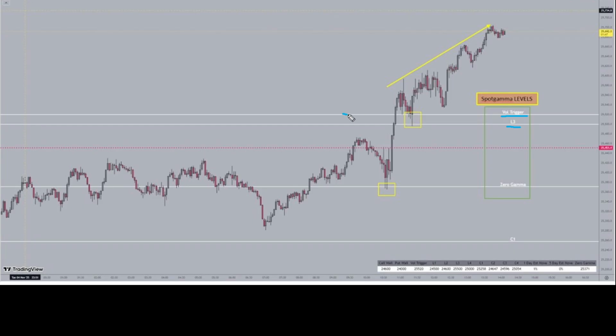When price crosses this level and this level, the market makers and dealers sell futures or options when price goes higher and buy when price goes down. For that reason, the volatility decreases here. But when price is down, below the volatility trigger or zero gamma, the peaks become higher.